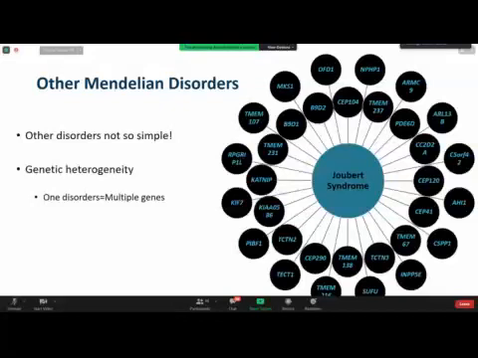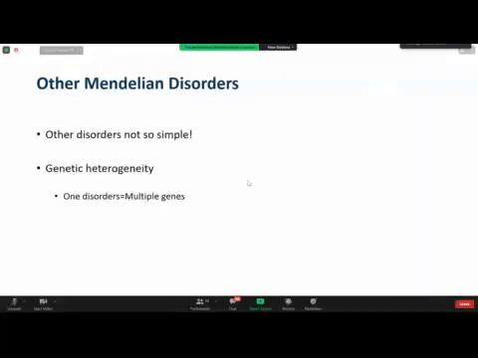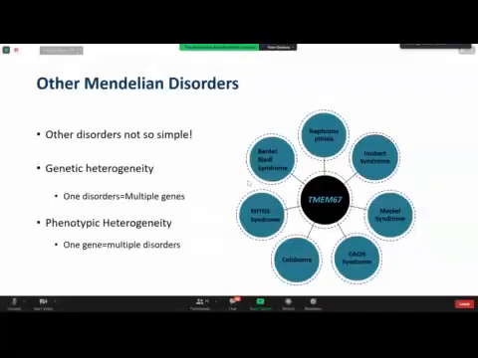Okay, and then there is another thing. Earlier we had one gene, one syndrome, multiple genes, and then we have some conditions where we have multiple phenotypes, one gene, multiple disorders. For example, the gene TMEM67 actually causes a different spectrum of phenotypes, multiple phenotypes.